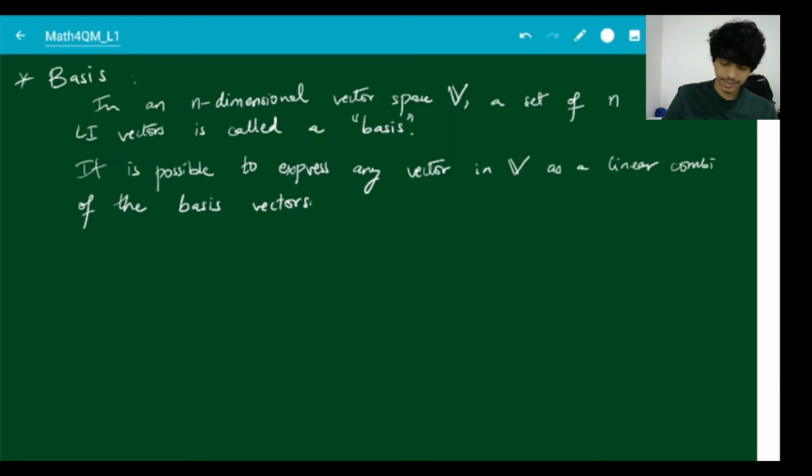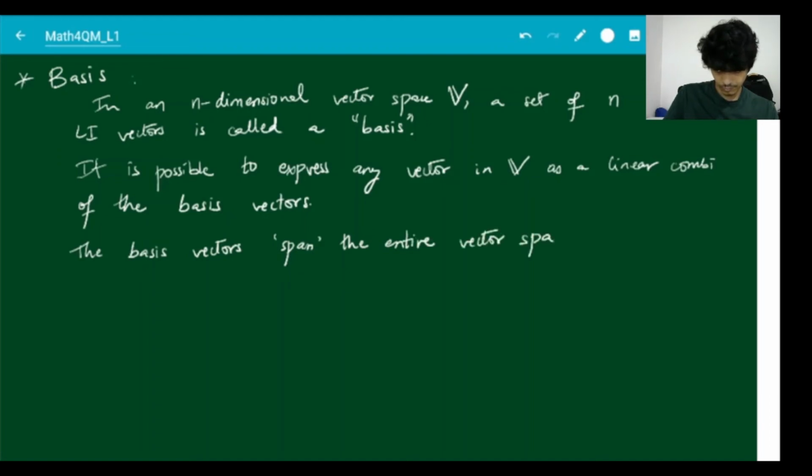Or another statement that is used, we say that the basis vectors span the entire vector space. All of these statements just mean that any vector you can express in terms of these certain vectors that you've designated as the basis vectors.